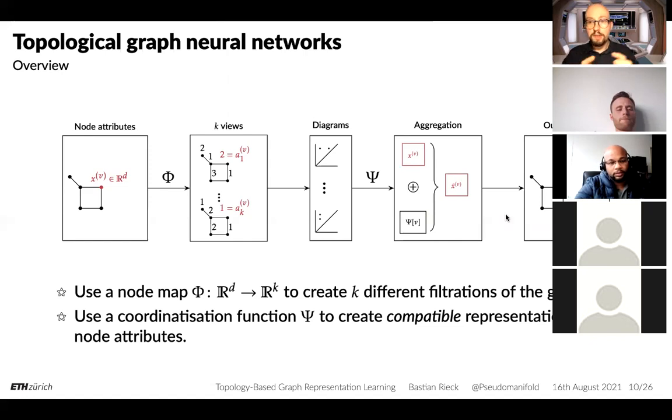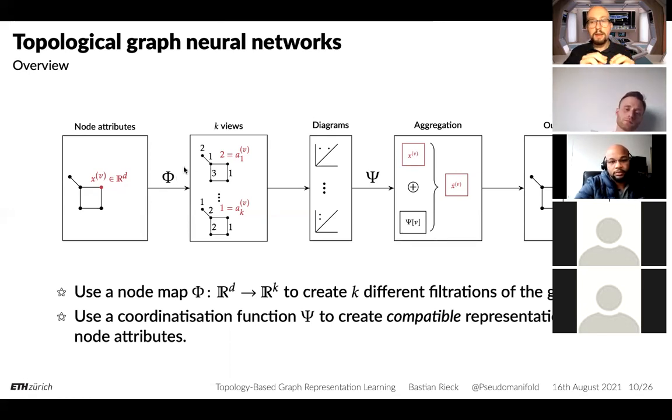And to do so, we essentially follow a very simple, or maybe elegant, pipeline. We start with the node attributes of the graph on the left-hand side. Then we apply what we call a node map phi, which maps those node attributes to some k-dimensional space.